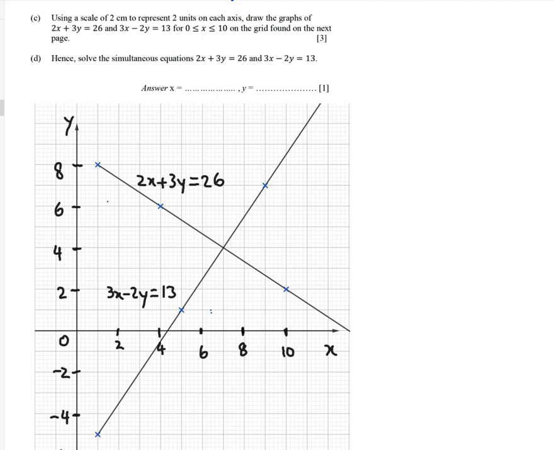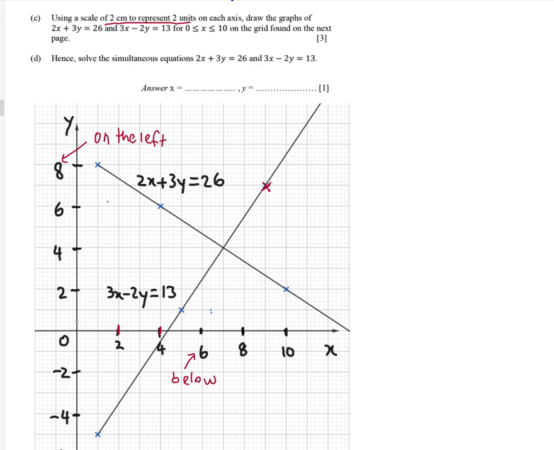A good graph must be properly labeled. The values on the y-axis are on the left. And the values on the x-axis are below the axis. We must plot with an x, and we must mark the axis. And in this case here is 2 cm for 2 units. 2 cm is one big square.